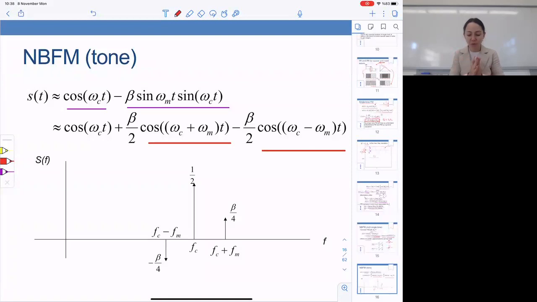So we have 3 cosine terms. One of them is at f_c. The other 2 are at f_c plus f_m and f_c minus f_m.